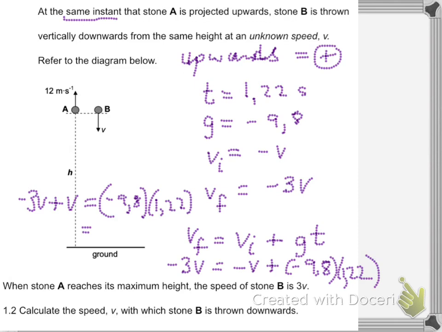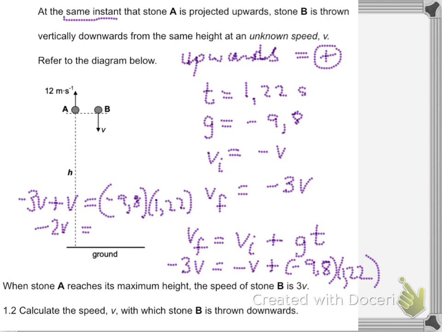Okay, so minus 3v plus v gives you minus 2v, if I'm correct, minus 2v, and then you just use your calculator.